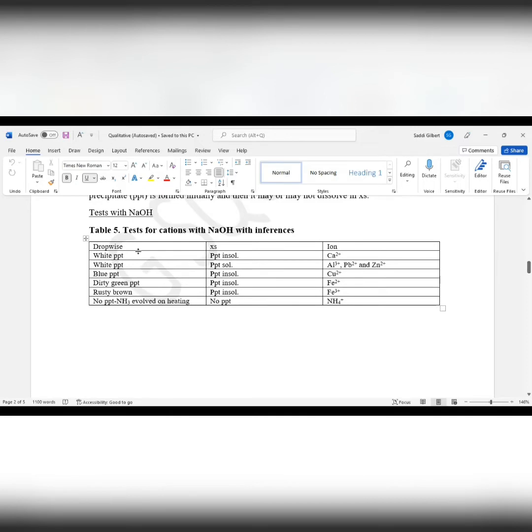So if you add sodium hydroxide dropwise and you get a white precipitate, it could be calcium, aluminum, zinc, or lead. If the precipitate is insoluble in excess sodium hydroxide, so what you do is you take your test tube, you add a few drops of sodium hydroxide to the sample.